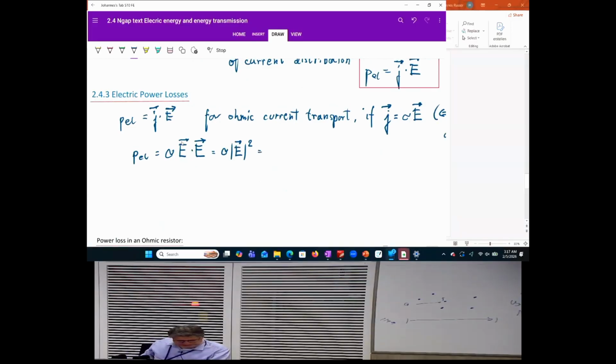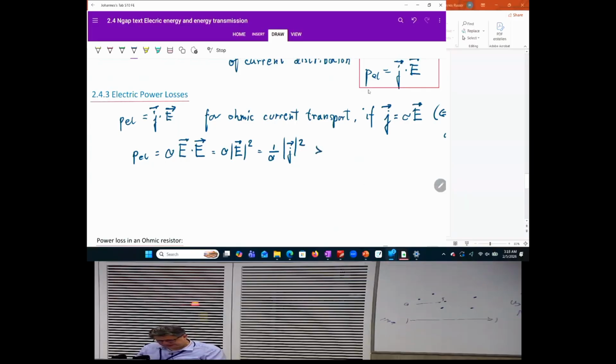Excuse me. Otherwise, instead of substituting the current density with sigma E, you can also substitute the E field and bring down the sigma: 1 over sigma times the current density is equal to E. Then you would obtain this formulation, current density squared times 1 over sigma.